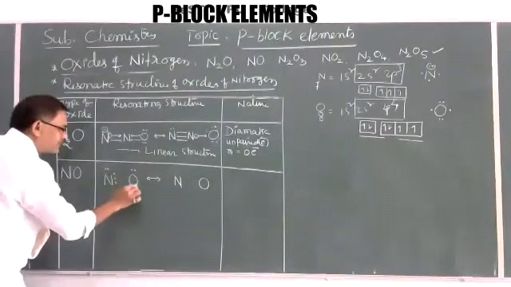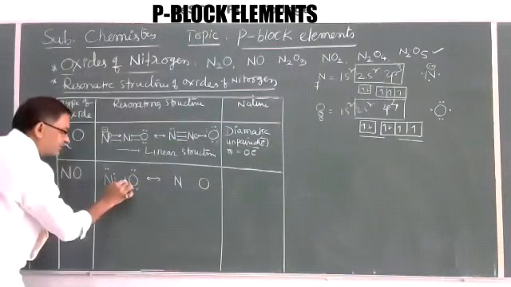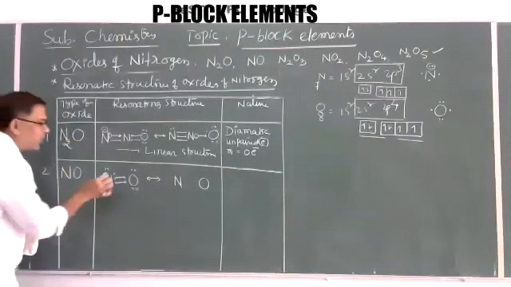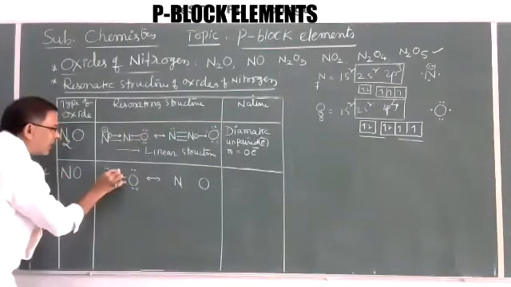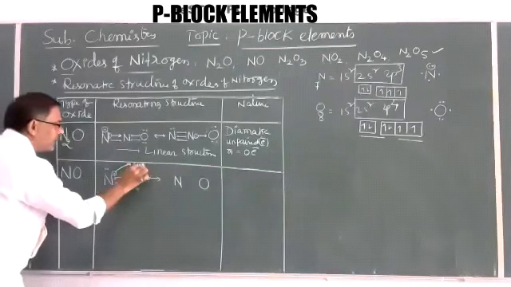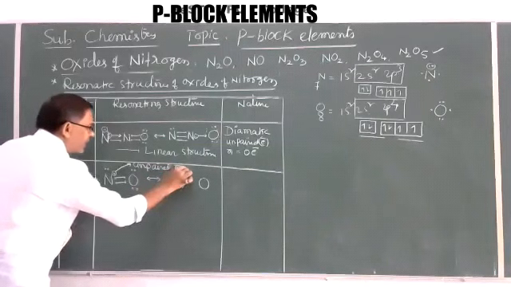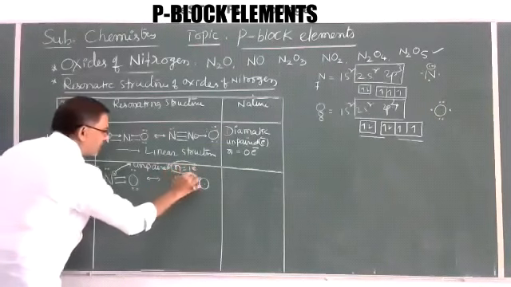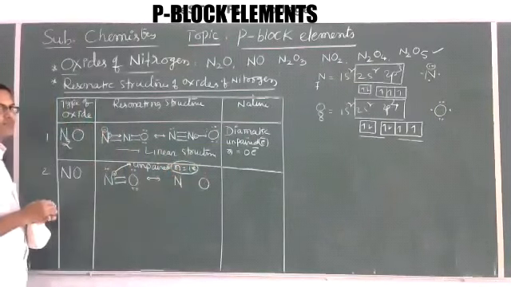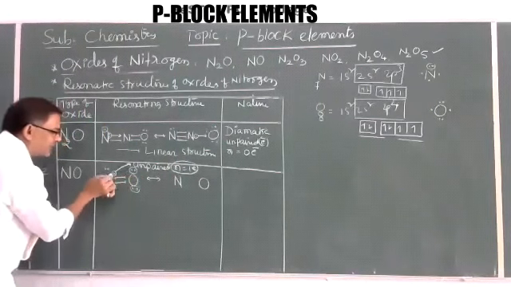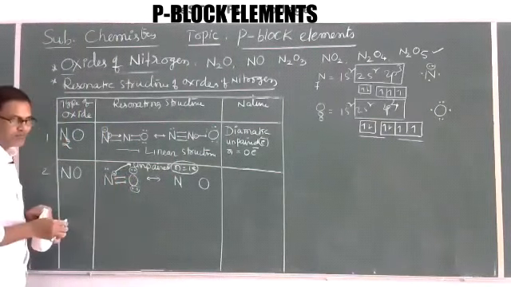Out of 6 valence electrons of oxygen, these two are bonded with this. One electron is unpaired. That's why here N equals 1 electron, an unpaired electron. Now this is paired and this is paired, but on the nitrogen atom one electron is unpaired.